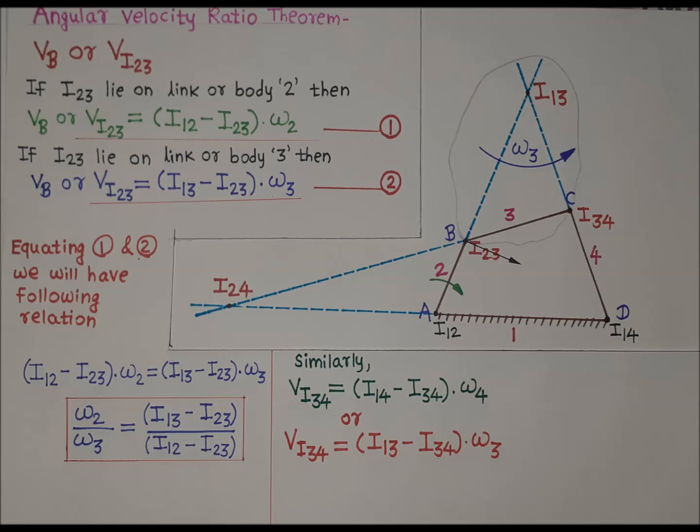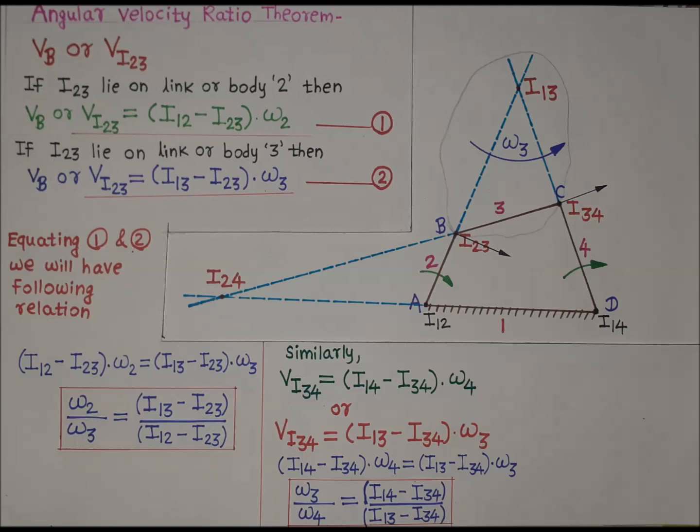Therefore, VI34 will be the same even if I34 lies on link 3 or link 4. Hence, we can equate the equations of VI34. Therefore, I14 I34 into omega 4 will be equal to I13 I34 into omega 3. After rearranging terms, we will have the relation omega 3 upon omega 4 is equal to I14 I34 divided by I13 I34.